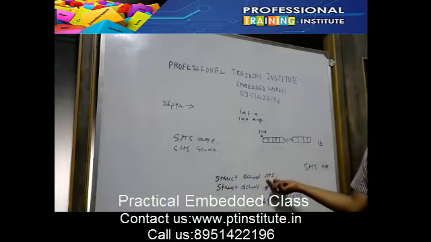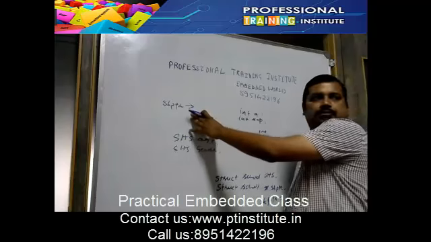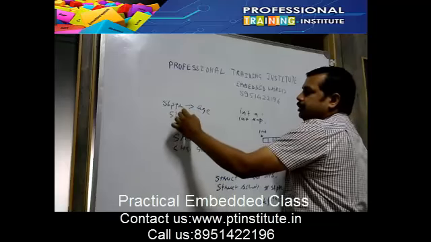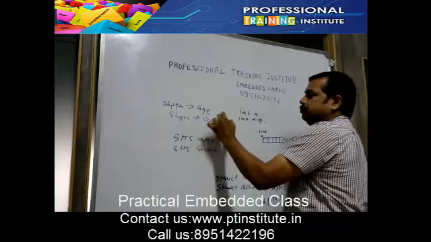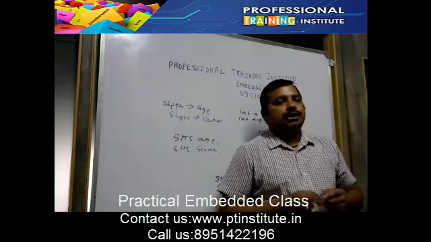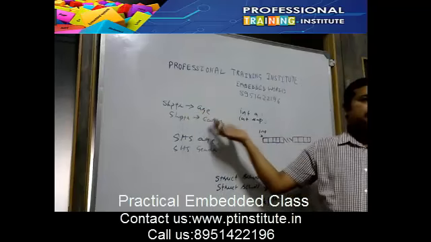If I have to use a pointer, then I have to use the arrow operator. So SHPTR arrow age, SHPTR arrow gender. Okay, so we know how to use the arrow operator, this is the method.